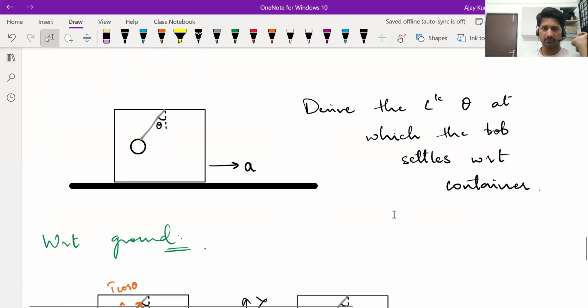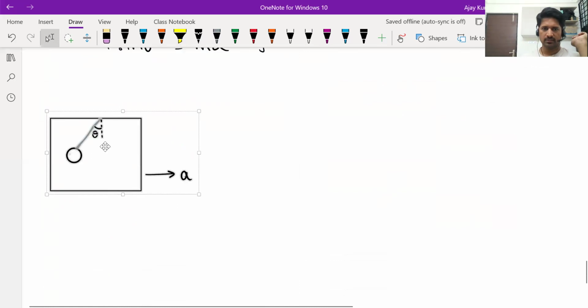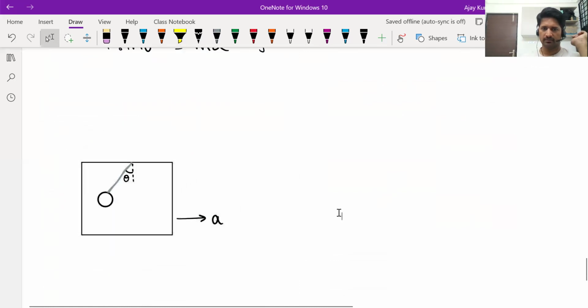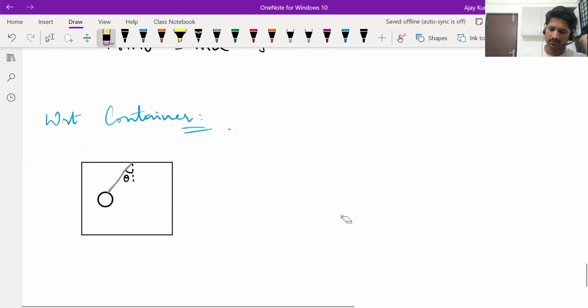Now, if you see with respect to the container, the bob will be stationary. But container is a non-inertial frame, so you will need to apply a pseudo force.